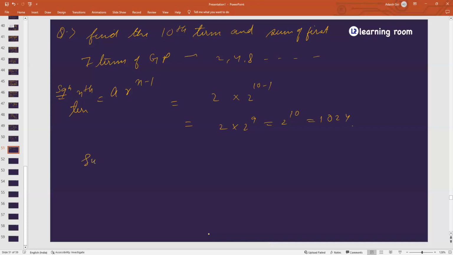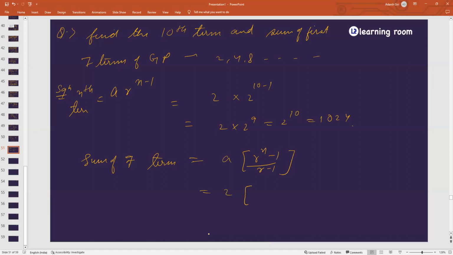Sum of 7 terms is equal to a into r to the power n minus 1 by r minus 1. I'm writing the formula again so that you remember it.